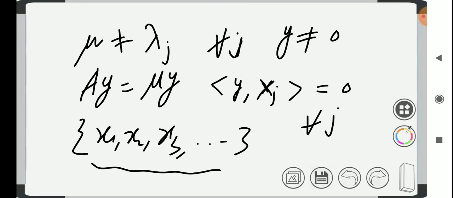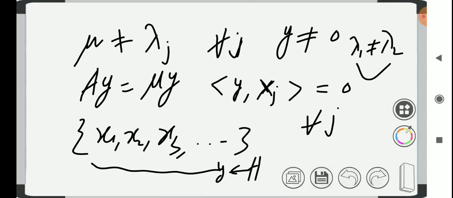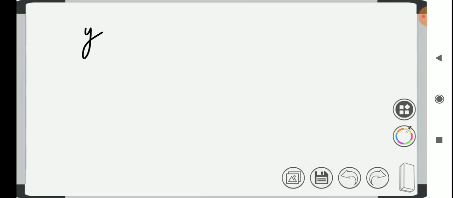In the previous property we proved that if we have two different eigenvalues, lambda 1 not equal to lambda 2, then the corresponding eigenfunctions must be orthogonal to each other. Therefore y must be orthogonal to all of these eigenfunctions. Now this y also belongs to our Hilbert space H, and x1, x2 is an orthonormal basis, which implies that y can be written as simply the linear combination of all these, since it is the orthonormal basis.